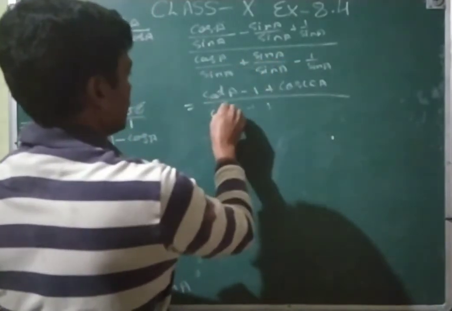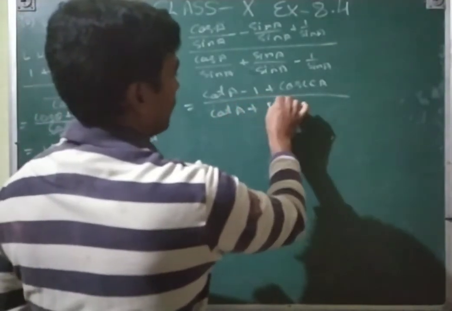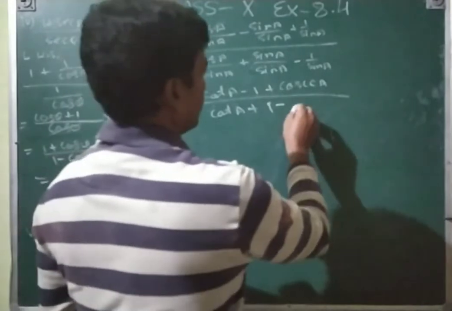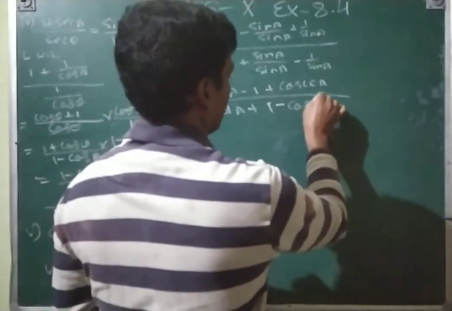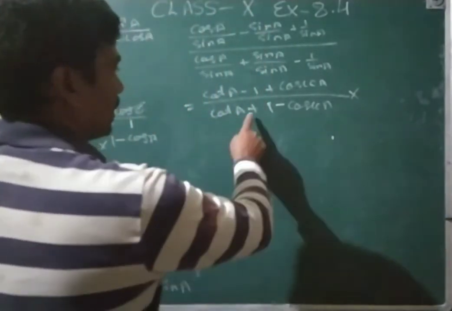Cos upon sine means cot plus 1 minus that will be cosec. Now we will rationalize that one. Same thing, this one will be right.